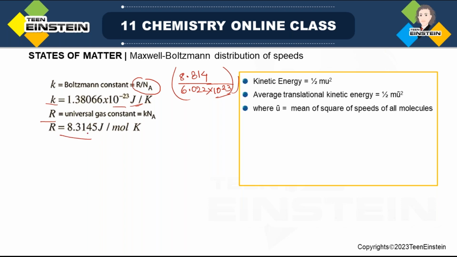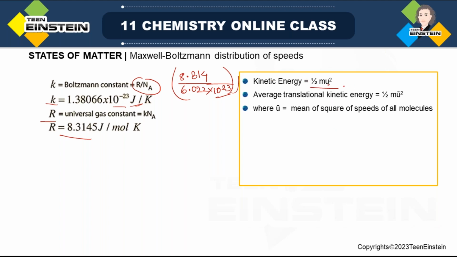Next, we'll see how we can understand the root mean square velocity, because average velocity, what it means, that you know. Simply take the average. Most probable velocity, that is also clear, because the fraction of molecules with the most corresponding velocity is called most probable. But what is root mean square velocity, that we will see now. So kinetic energy is actually half mu square.